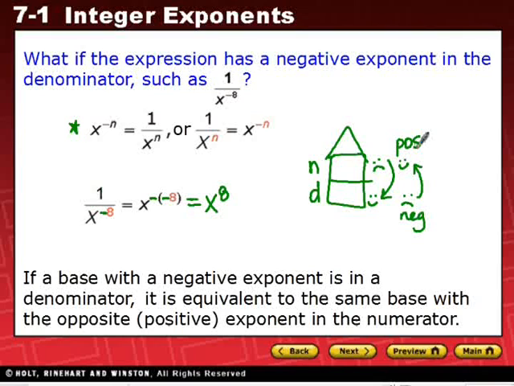So when you change levels of the fraction, you flip the sign on the exponent. So find a way in your own words to jot that down, for a negative exponent in the numerator and for a negative exponent in the denominator. I want to see those ones filled in. You can use what I've got written here at the bottom to help you.